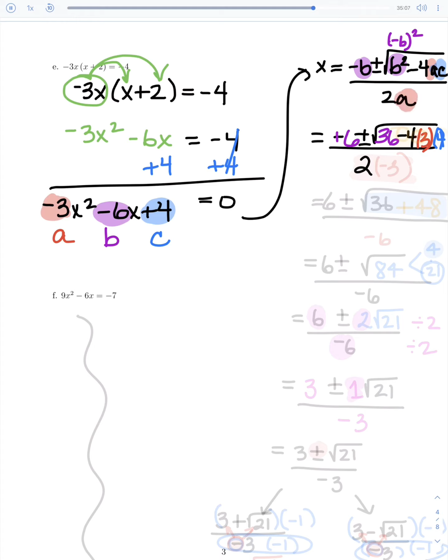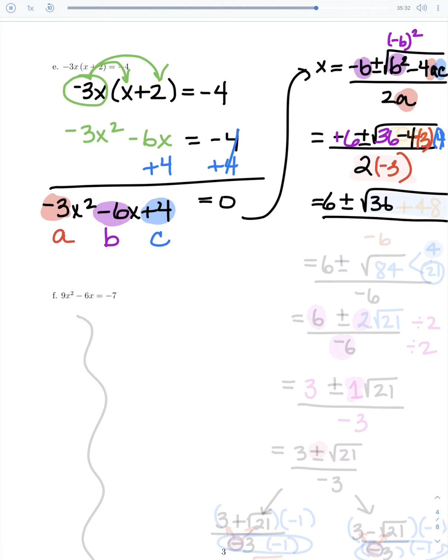And oops, I just caught something. I should have had this 3 up here as a negative 3. So when I plug in my a, I'll make sure it's also a negative 3. So let's see what happens. Okay, so we have that negative 6 turned into a positive 6 on top, plus or minus the square root of 36.